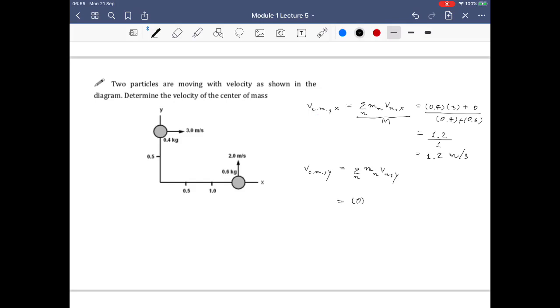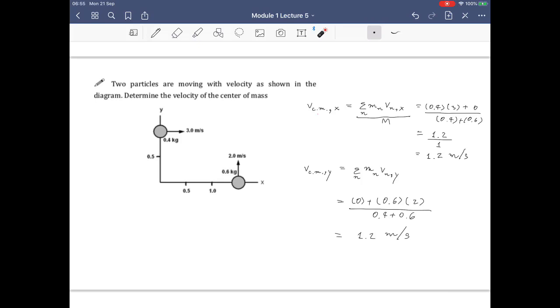So what you have here is just 0 plus 0.6 multiplied by 2, divided by the whole thing, which is still 0.4 plus 0.6. So what you have here is just 1.2 meter per second again.